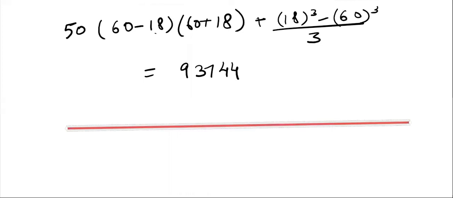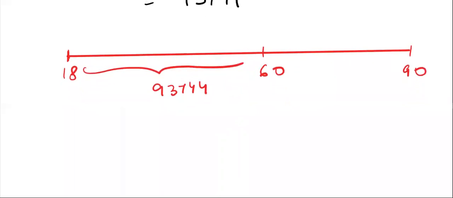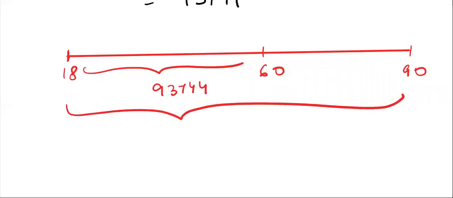So, I started earning from 18 till 60, lived till 90. My earning here is 93744. But the life cycle hypothesis tells us to smoothen out the earning. So even if we earn for these 18 to 60, which is approximately 42 years, we have to consume for these 72 years.